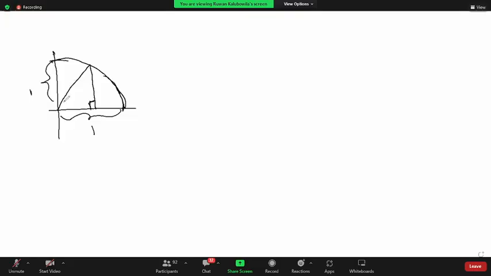So if this is a unit circle, then this one should be equal to 1, because it is the radius.